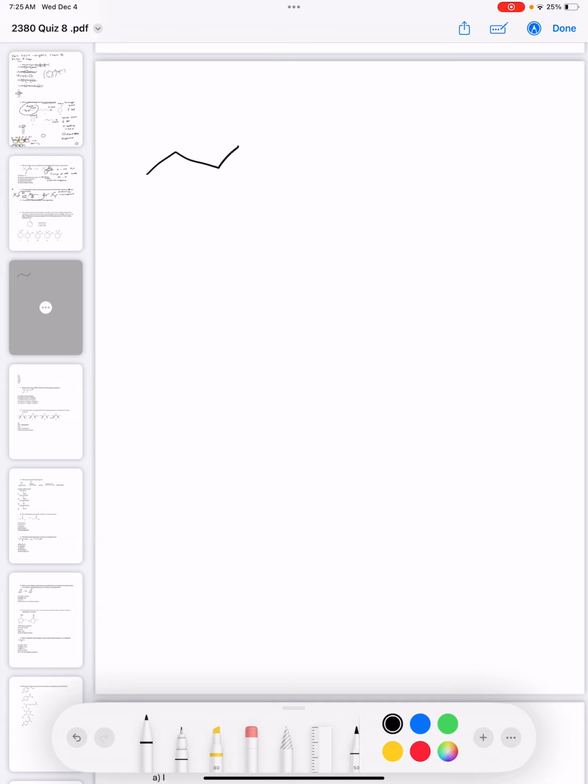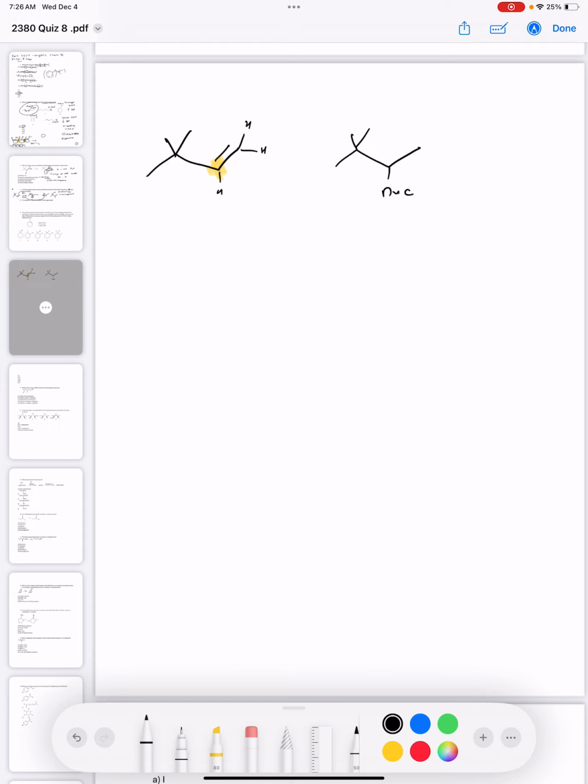If you see the more substituted side, so like if you have an alkene here, there's 1 hydrogen here, 2 hydrogens here. So the left side, this side of the alkene, is more substituted. So if your nucleophile ends up adding on that side, and your hydrogen adds on this side, which is the overall reaction of an addition reaction, that is Markovnikov.